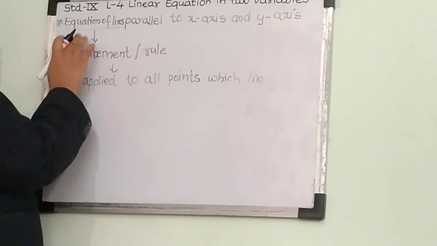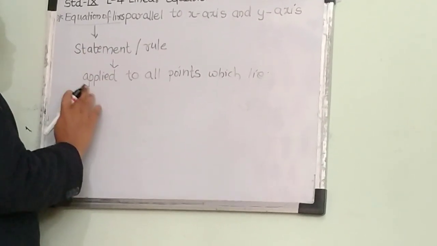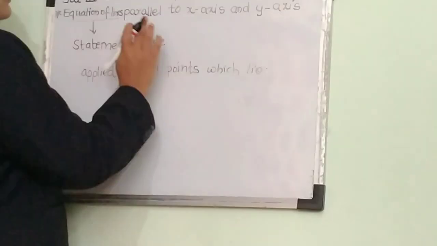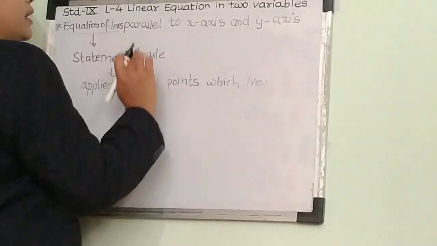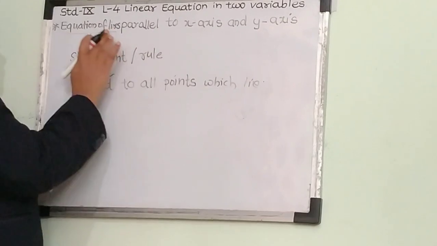So we can say that the equation of a line is a statement or rule which applies to all the points which lie on the line. So it is the equation of a line.